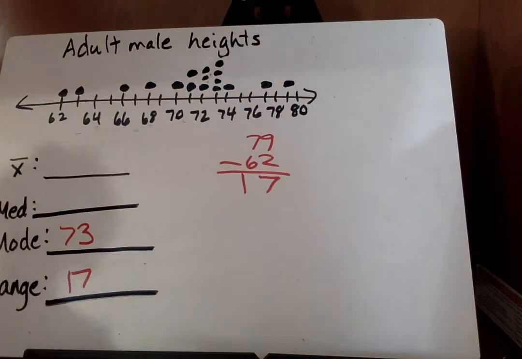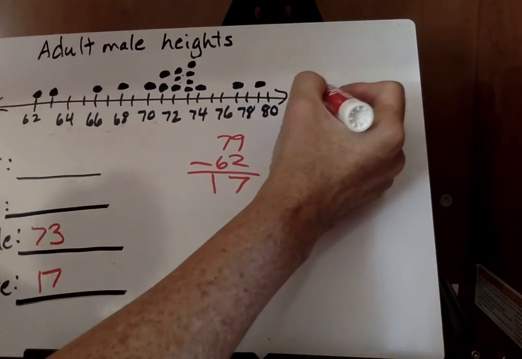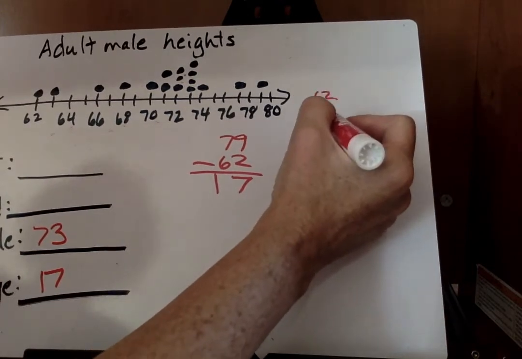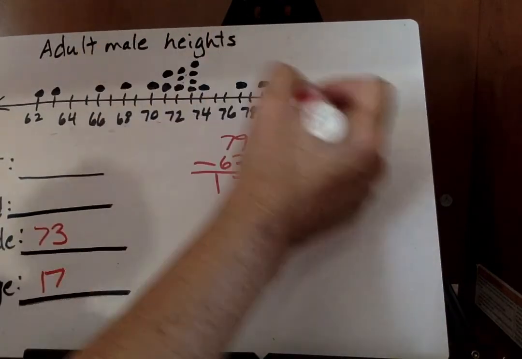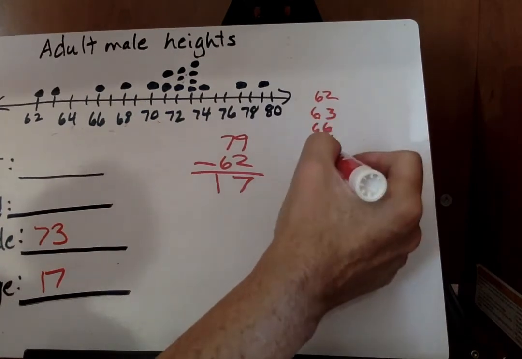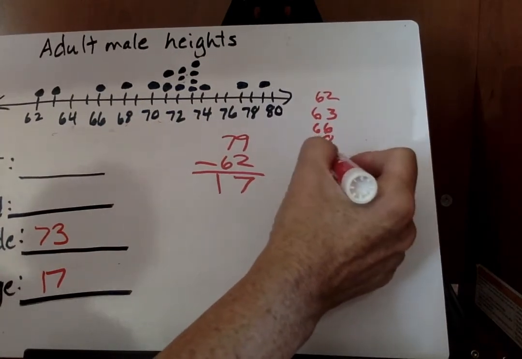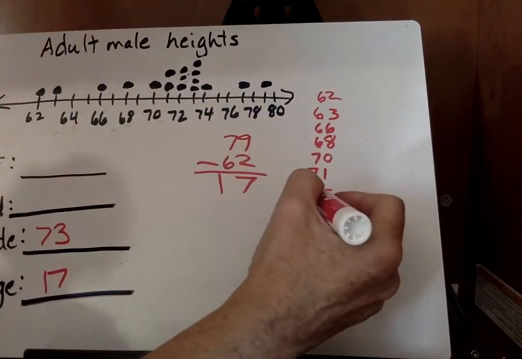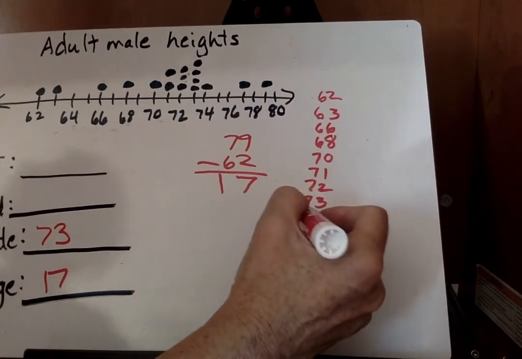So to find the average, we have to add these all together. We have 62, 63, 66, 68, 70, 71. You have to list it twice because there are 2 dots here. And then 72, there's 3 of them.